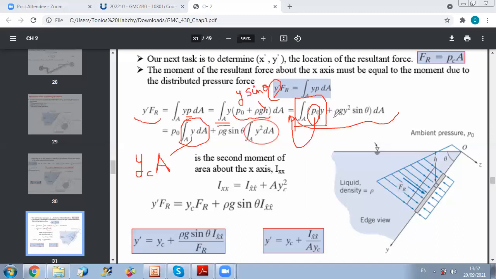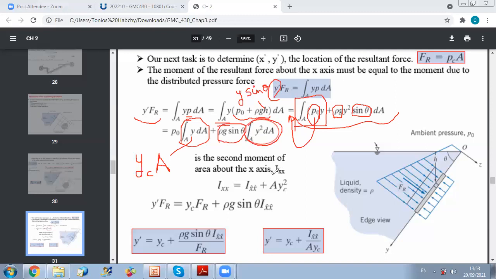For the second term, rho G constant, sine theta constant. If I take them outside of the integration, I will get rho G sine theta times the integral of y squared dA. This is called the second moment of area about the x-axis.